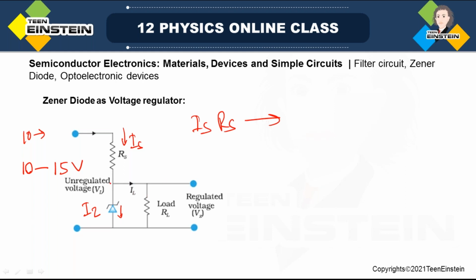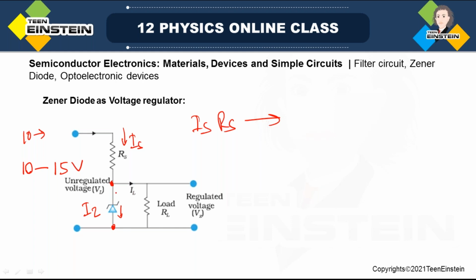Whereas the voltage across the Zener diode doesn't increase, because it is working under reverse bias condition, and at reverse bias condition, the Zener breakdown voltage does not change.